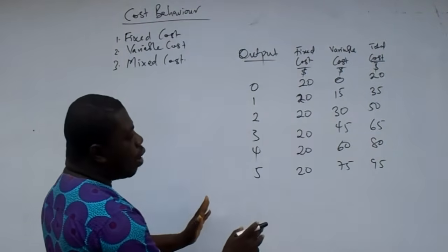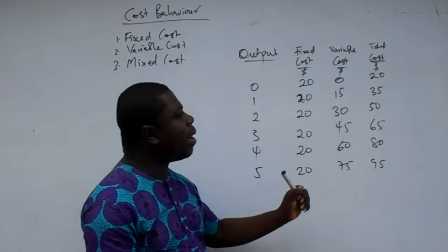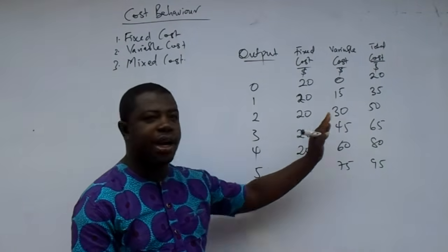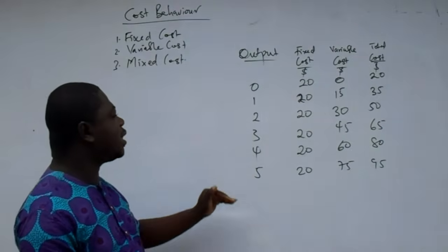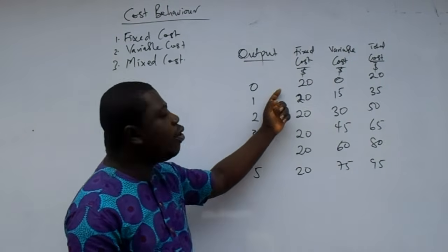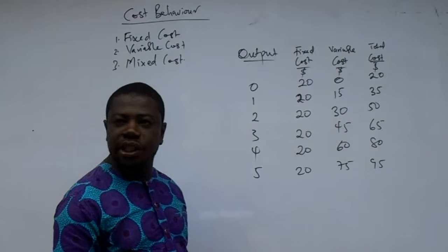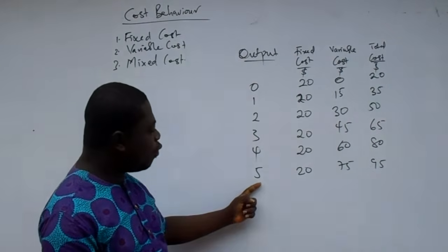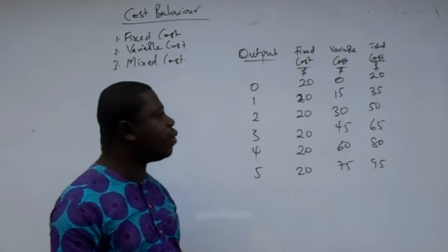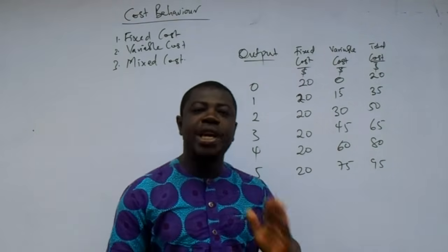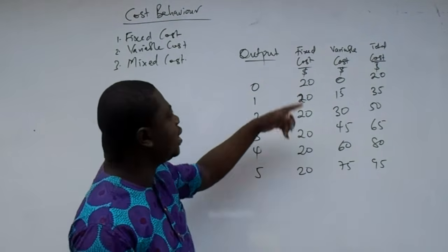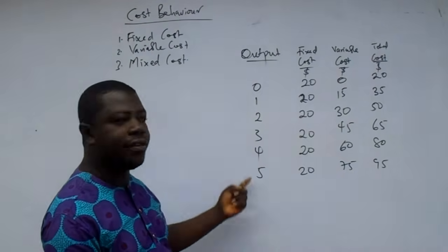Now, I'm just trying to explain what I meant by relevant range and what I meant by proportion. When we come to the fixed cost, we realize that even when we were not producing, we incurred $20. Now, when we are producing 5 units, we incur $20. It means that this is a type of cost that will be incurred regardless of changes in your output or activity level.